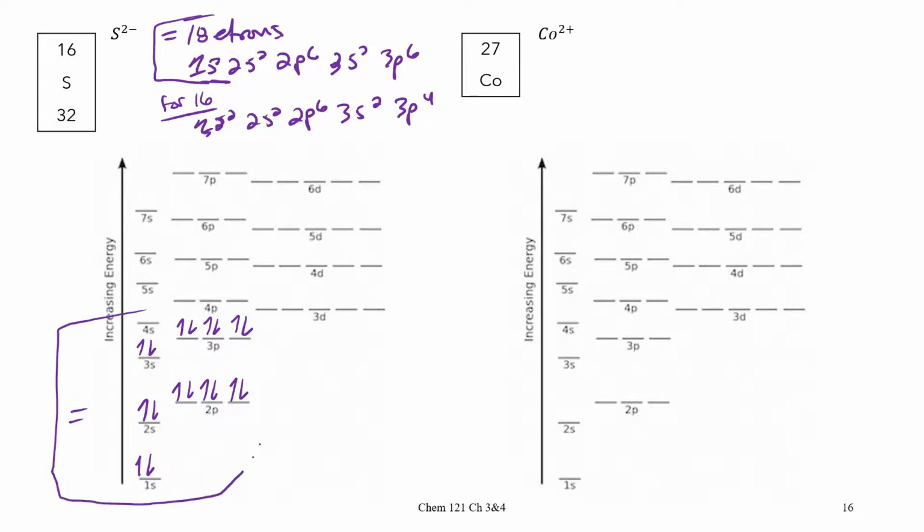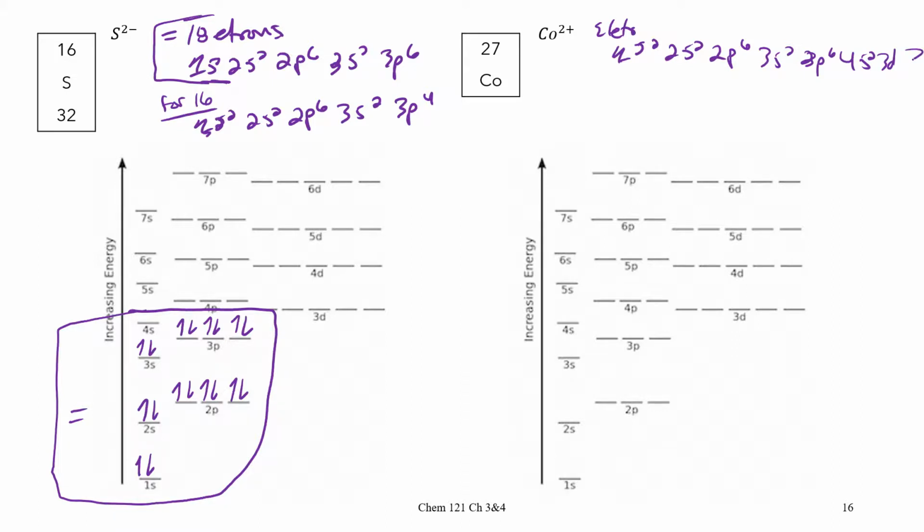So let's look at this transition metal, and we're going to be losing 2. We know the electron configuration for this one is 1s2, 2s2, 2p6, 3s2, 3p6, 4s2, 3d7.